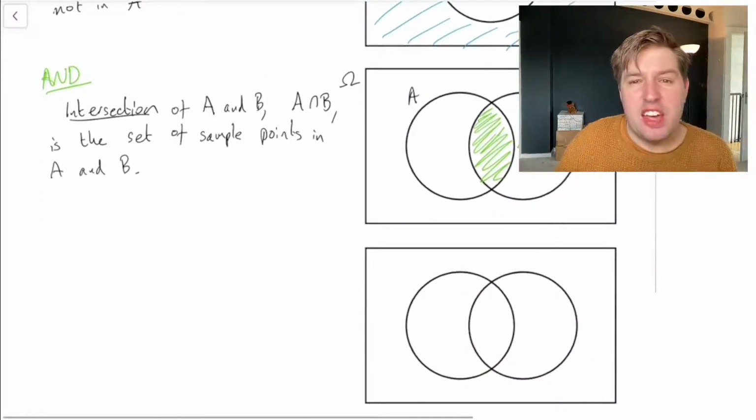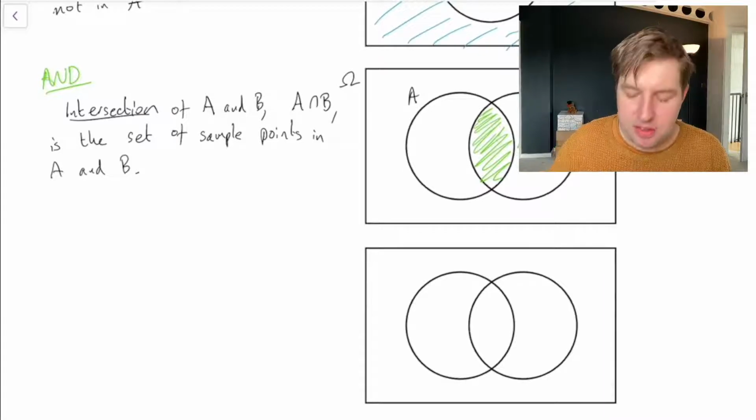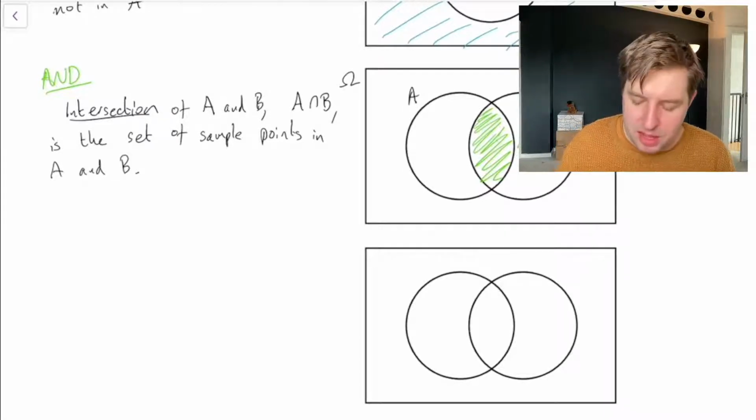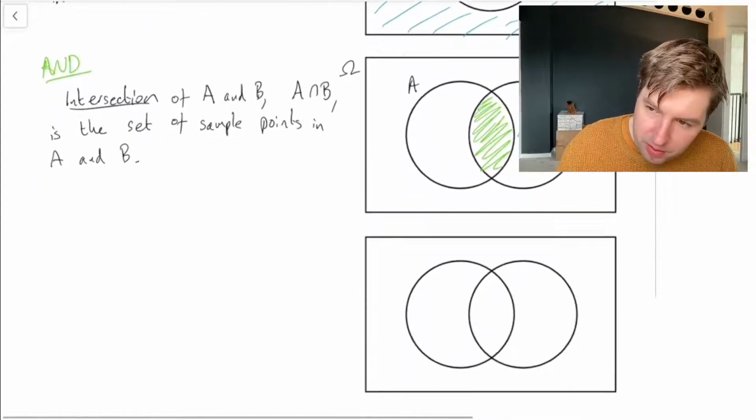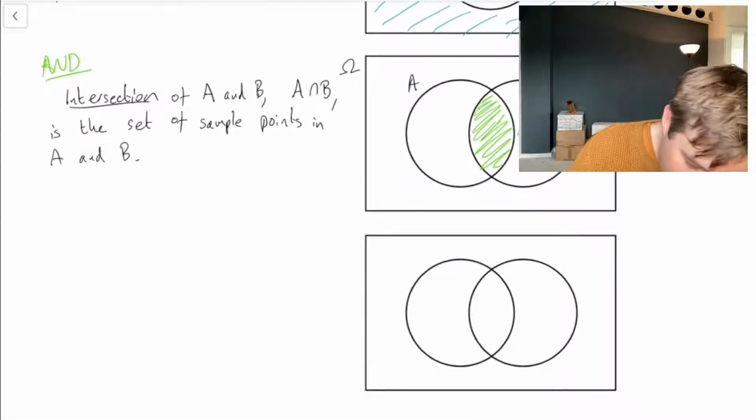We say either A intersect B if we want to be fancy, or A and B if we're happy with being non-fancy, that one. Finally, you might be able to guess what's coming next.